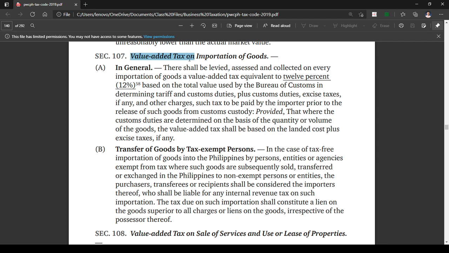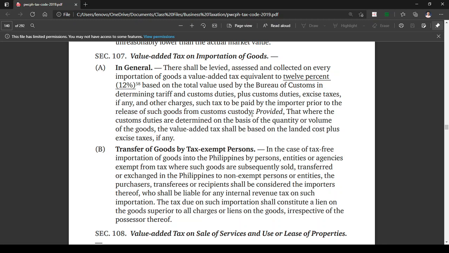So, after getting the value-added tax, such tax to be paid by the importer prior to the release of such goods from custom duties. Before man ma-release ng custom duties yung mga goods na ibebenta ng business, yung in-import nila, kailangan muna nila magbayad ng VAT before mare-release yung mismong goods na na-import nila.